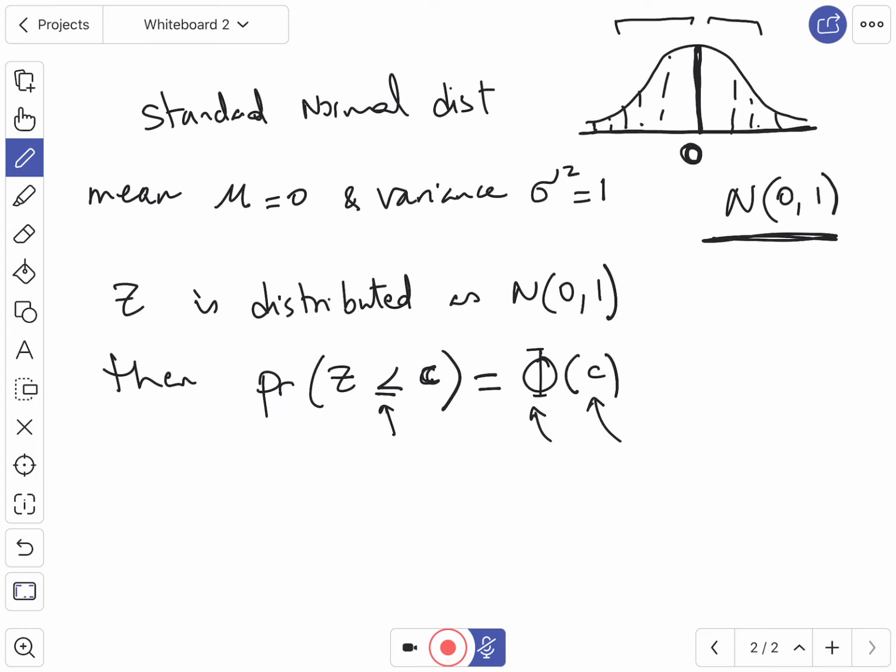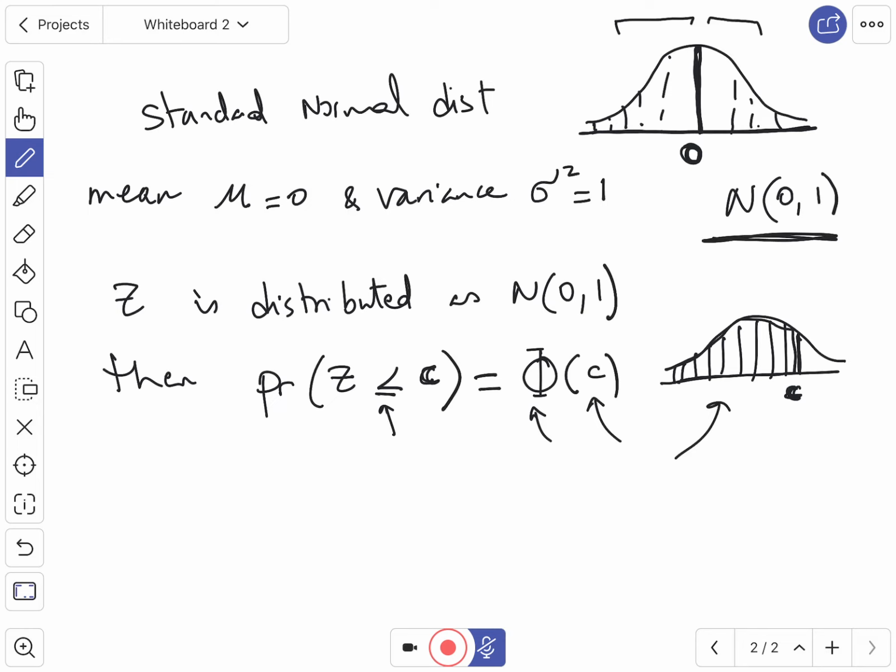So when I think about it in terms of the graph, let's say this is point c, which is a certain number. Then I'm asking you, what is the probability of all the points, which is the shaded region under the graph, that are less than or equal to point c? Then I'm talking about this shaded region.